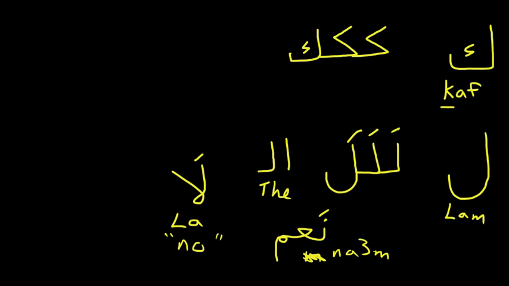The next letter is the meem. Looks like this. When you write it, at the beginning it looks like this. The middle goes under. At the end it goes like that. The meem is never above the line.